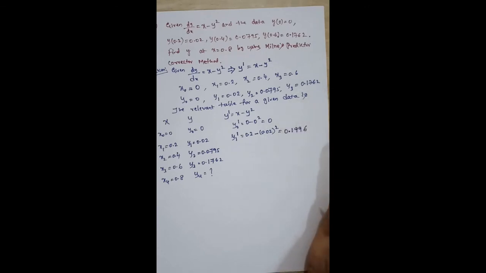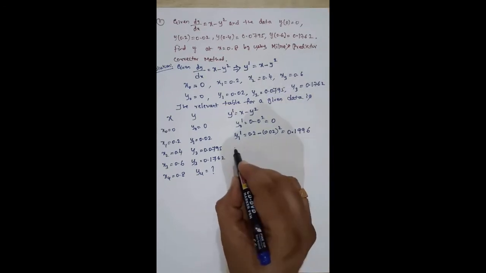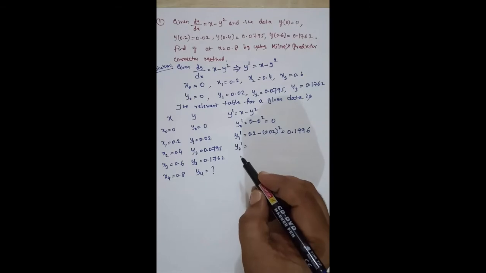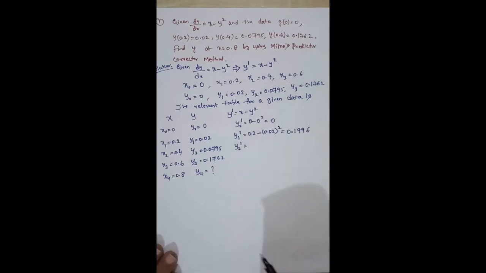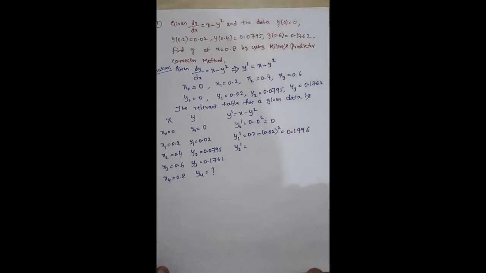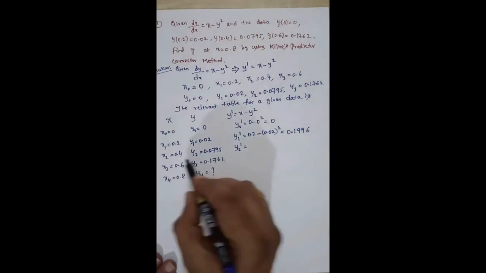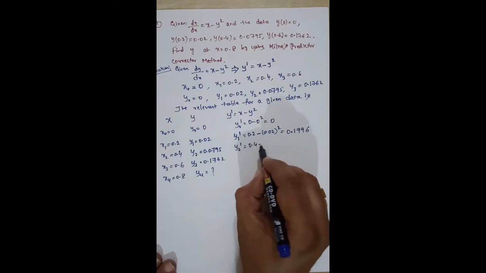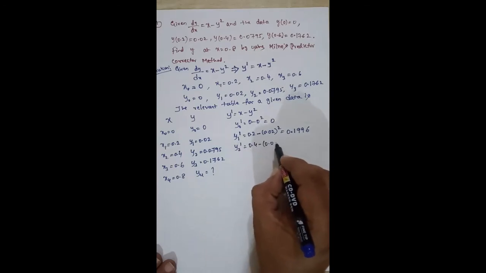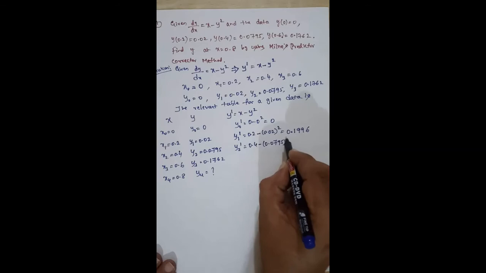Use your calculators. Next, y2 dash. So it is 0.4 minus 0.0795 whole square.